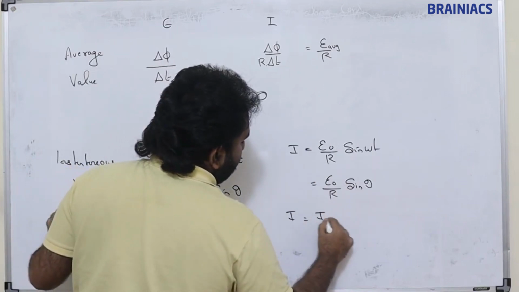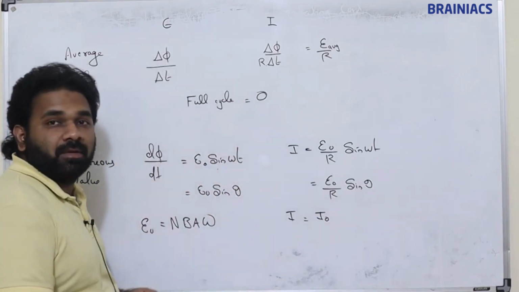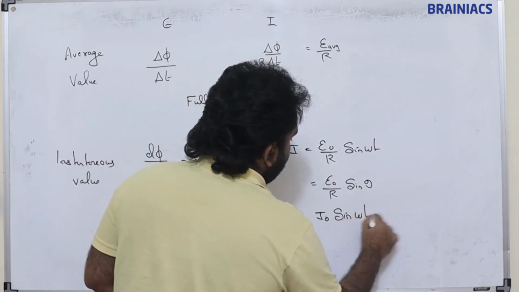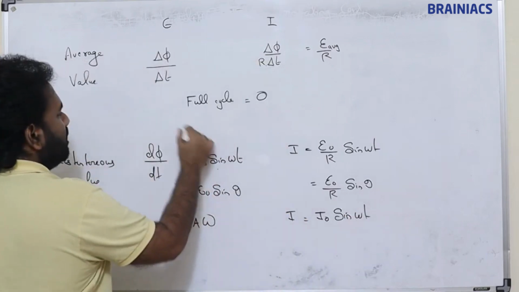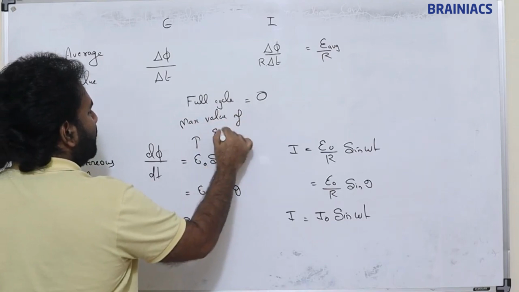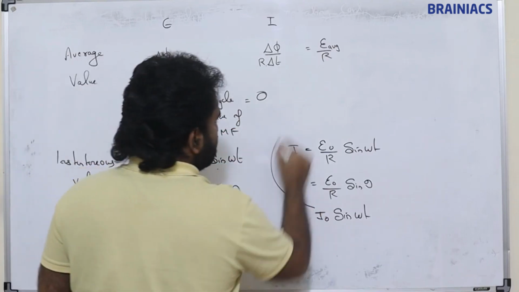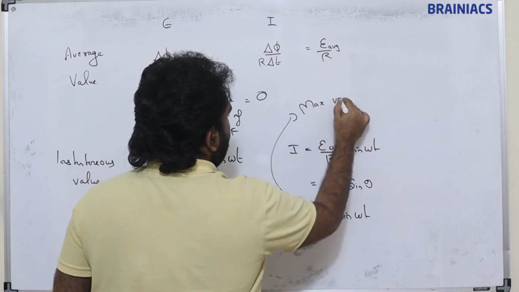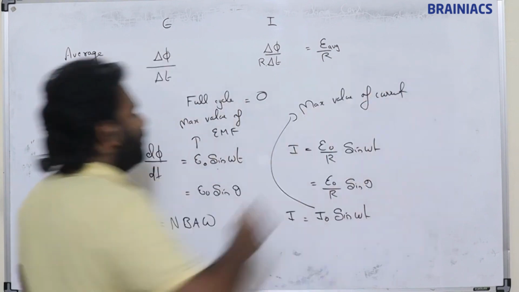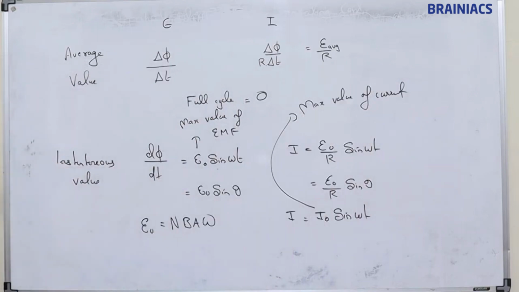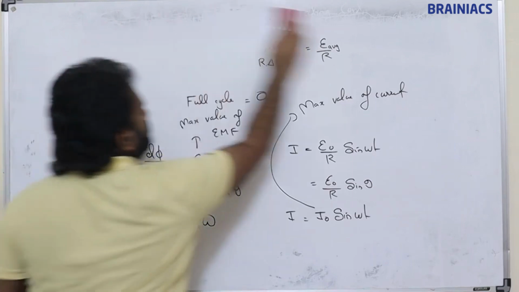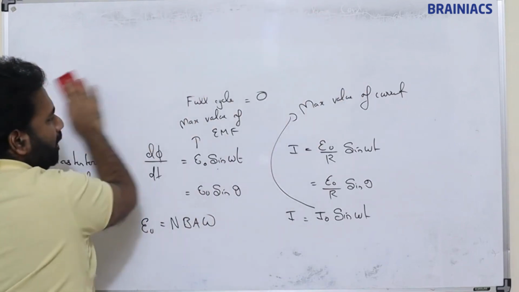This E naught by R can be written as I naught, which is nothing but the maximum value of current, I naught sine omega t. So this is the maximum value of EMF, and this is the maximum value of current, right? Clear? Okay, note it down.